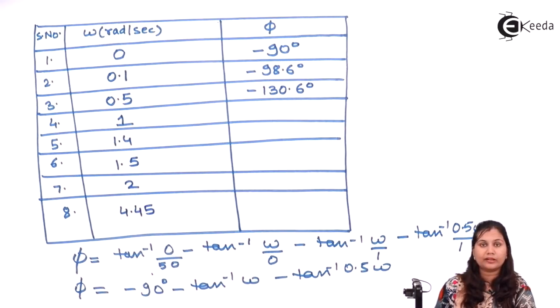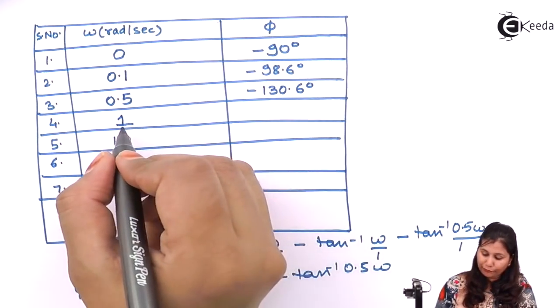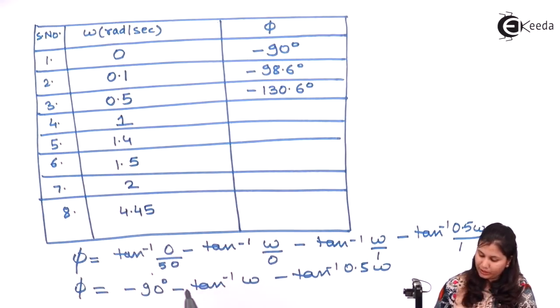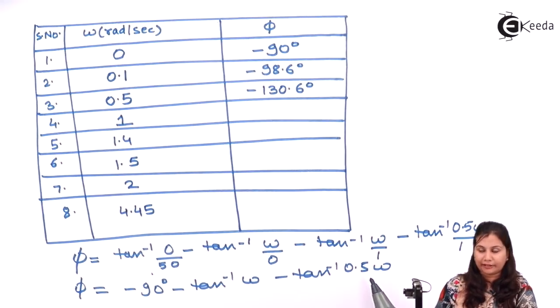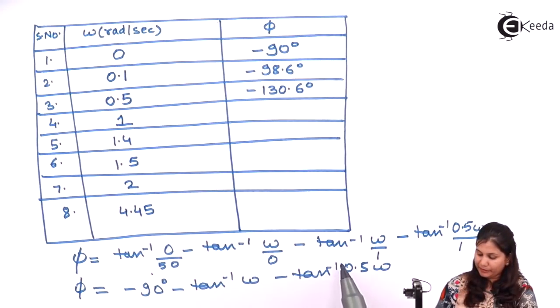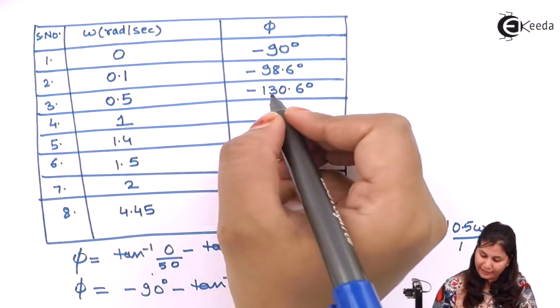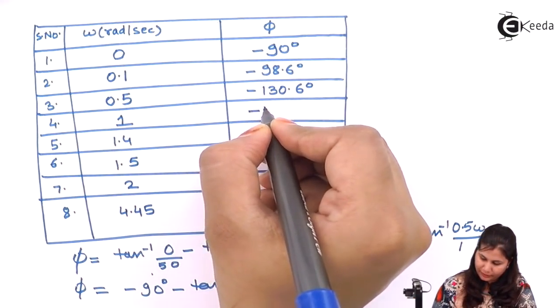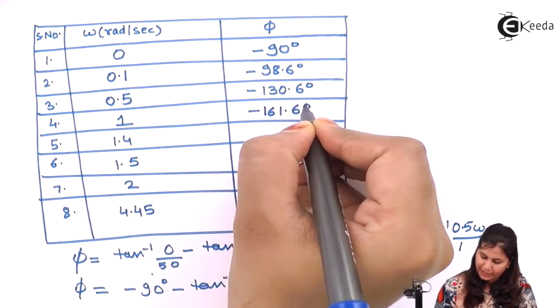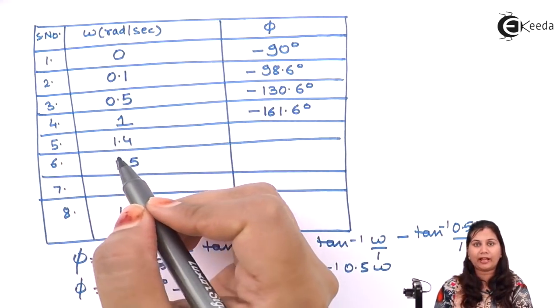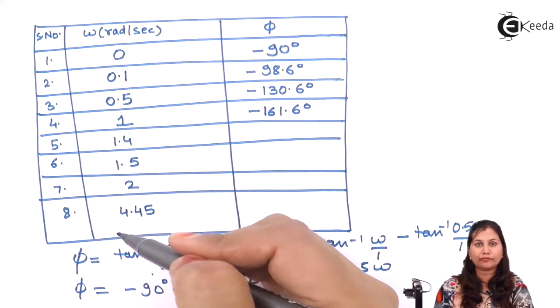Okay. Now for omega equals 1, here tan inverse of 1 minus tan inverse of 0.5 into 1. Tan inverse of 1 will be 45 degrees. So minus 90 minus 45 minus tan inverse of 0.5. So the phi angle will come out to be minus 161.6. And similarly we will calculate the value of phi for different values of omega.